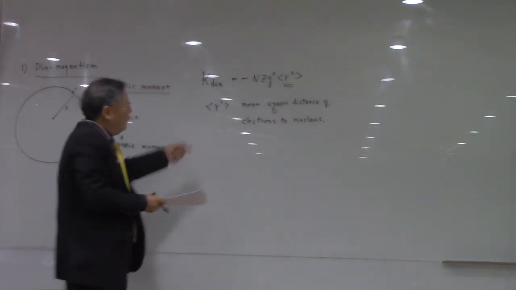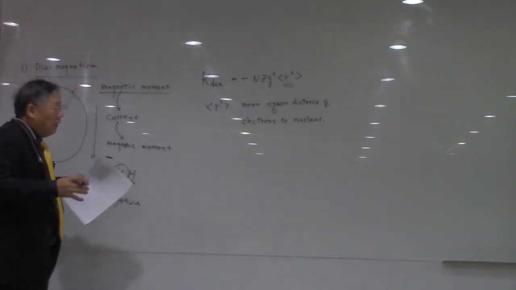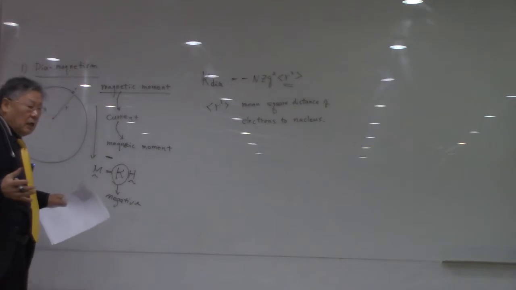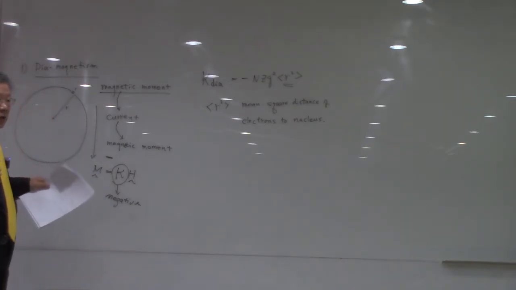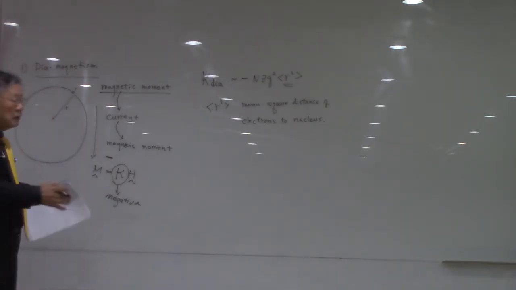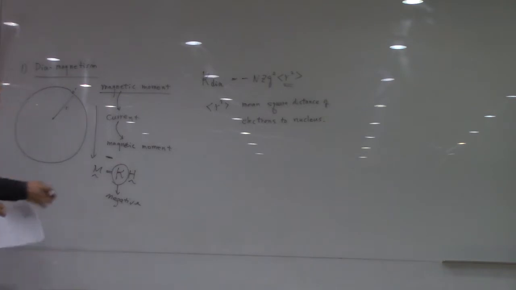You can see that, right? So if you have a heavy atom, like bismuth, something like that, which has a big radius R, it inherently is going to have a high susceptibility for this diamagnetism.